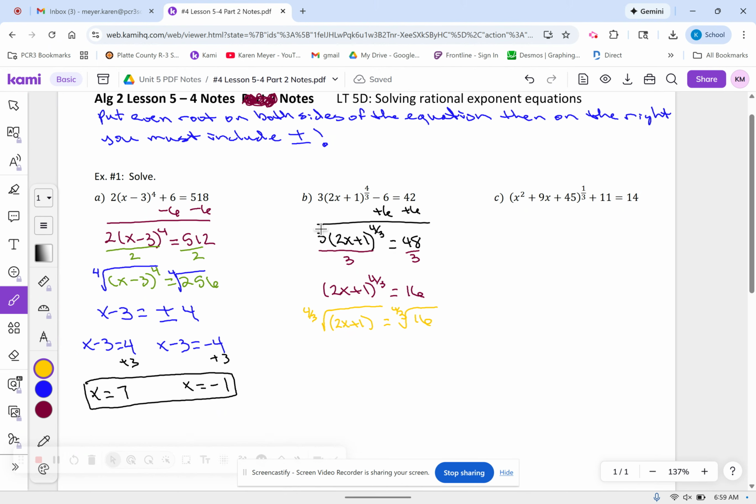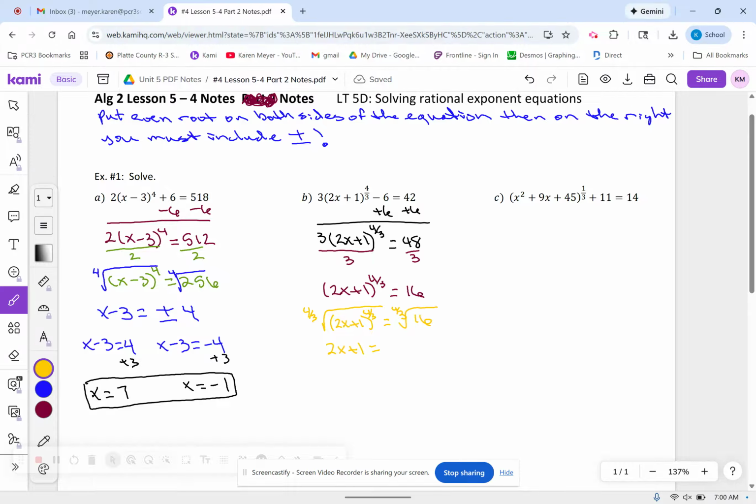Front side, oh, I forgot my 4/3 there. So they cancel, so I get 2x plus 1 equals. Now, with a fraction index number, how are you going to know if it's a plus or a minus?